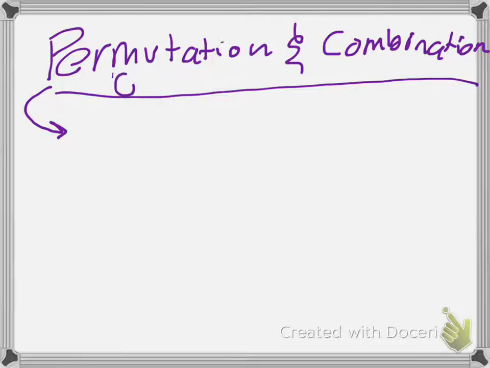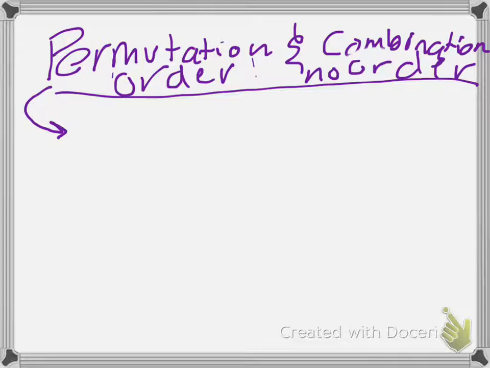So, order matters in permutation. In combination, it doesn't really matter. No order matters. But in combinations, order does not matter. That's basically what they both mean.